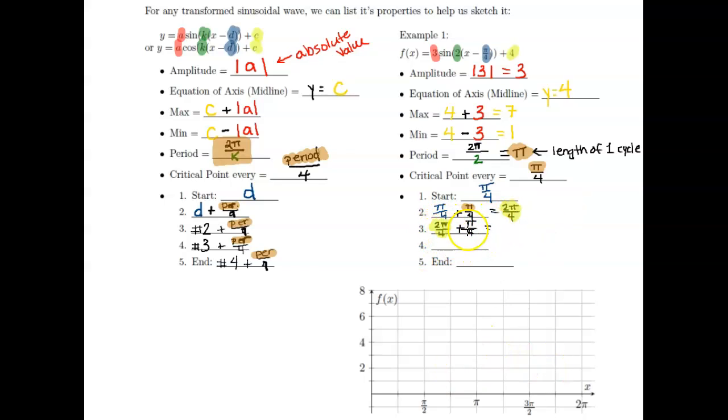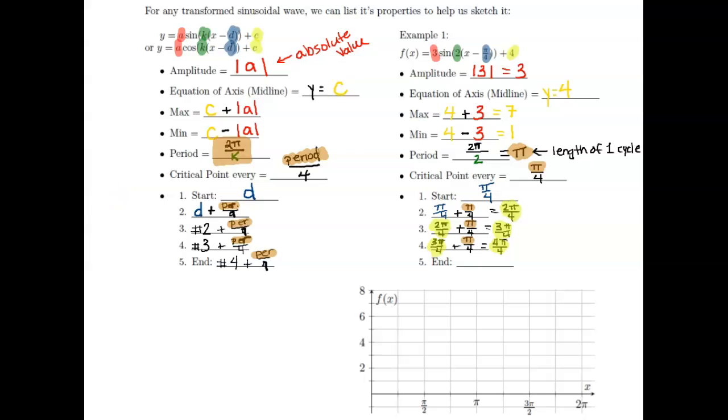Okay, so 2 pi over 4 plus another pi over 4 is 3 pi over 4. And that's what I use to now find my fourth. So 3 pi over 4 plus another pi over 4, since every critical point is pi over 4 apart, leaving me with 4 pi over 4, right? This is all the same pi over 4 from right here.